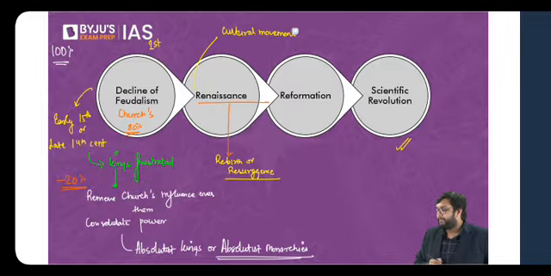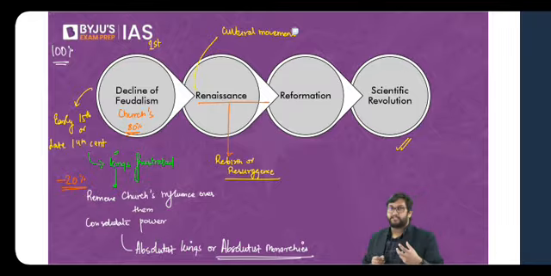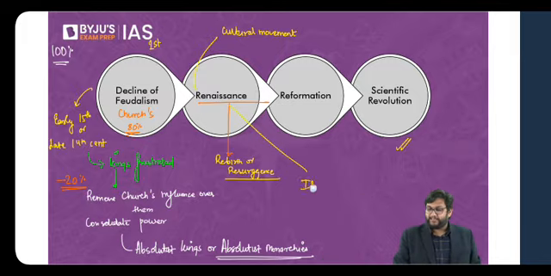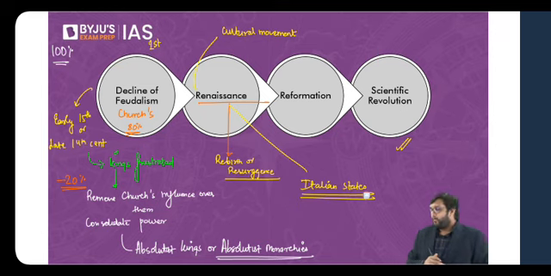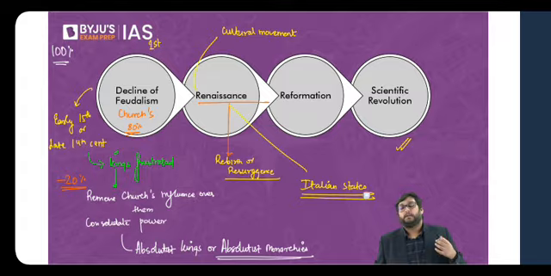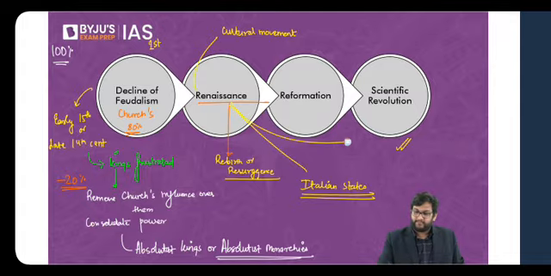Now, what happened was that because of the church's authority going away a little bit, in the Italian states, which is modern-day Italy, people started to rediscover this Greek philosophy, this Greek knowledge, and there was a revival of Greek knowledge.